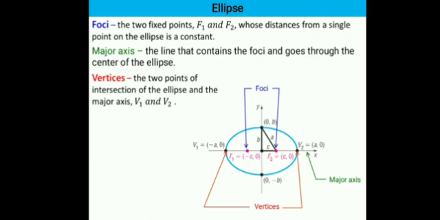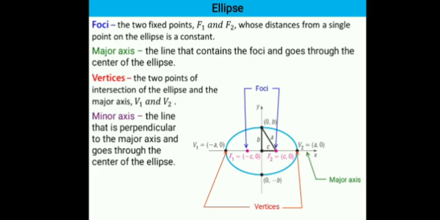So these are your vertices. Minor axis, the line that is perpendicular to the major axis and goes through the center of the ellipse. So that is your minor axis. So these are the parts of the ellipse that you should know.